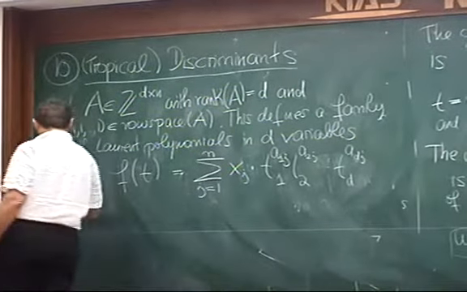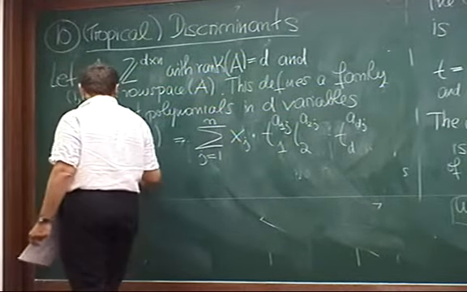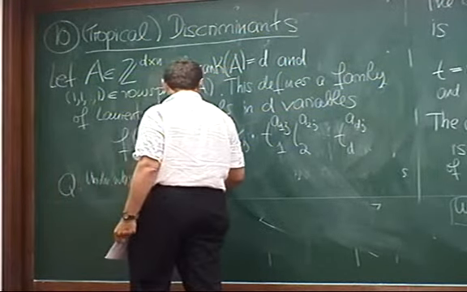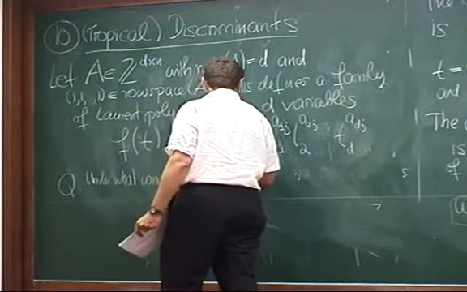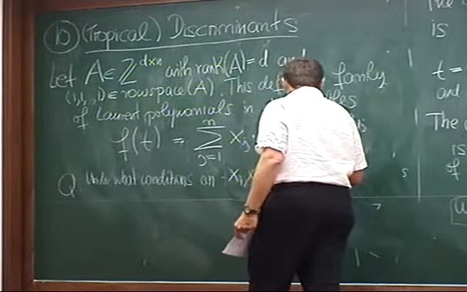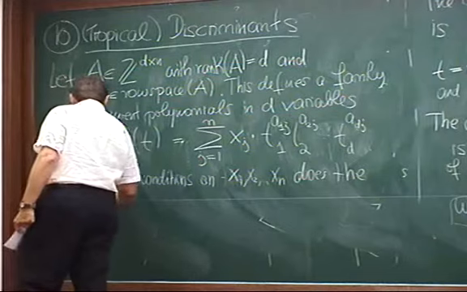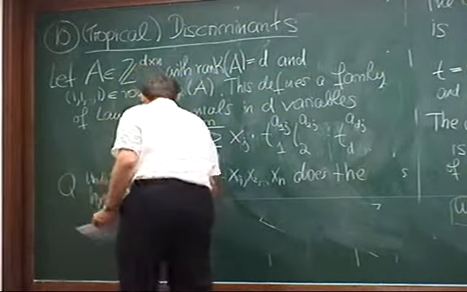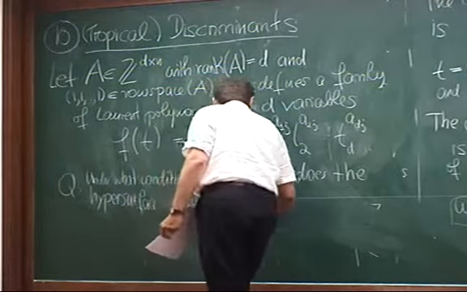And the question is the following. Under what conditions on the coefficients x1, x2, up to xn does the hypersurface defined by this polynomial have a singularity?